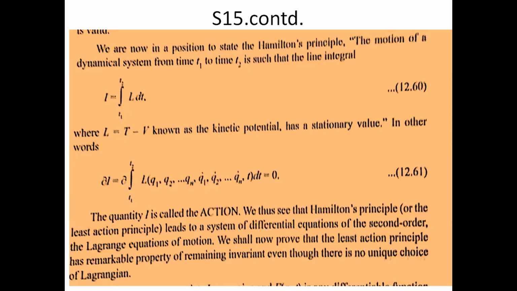That means the first derivative will be 0, and for a local minimum, the second derivative, of course, is positive. And the quantity I, dimensionally, is energy multiplied by time. Energy multiplied by time is called action.